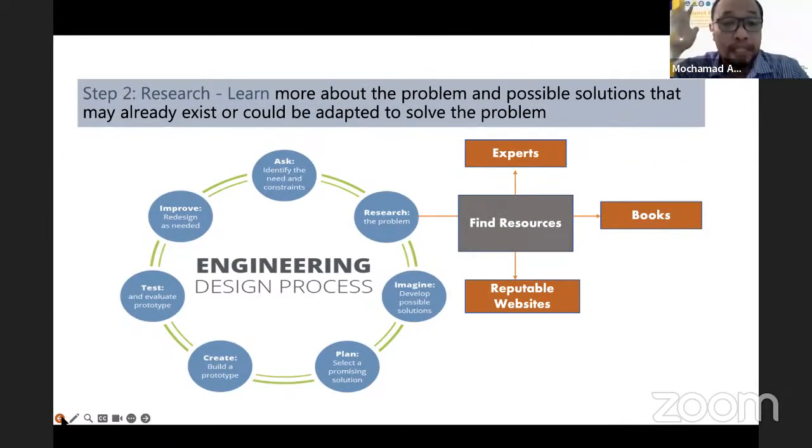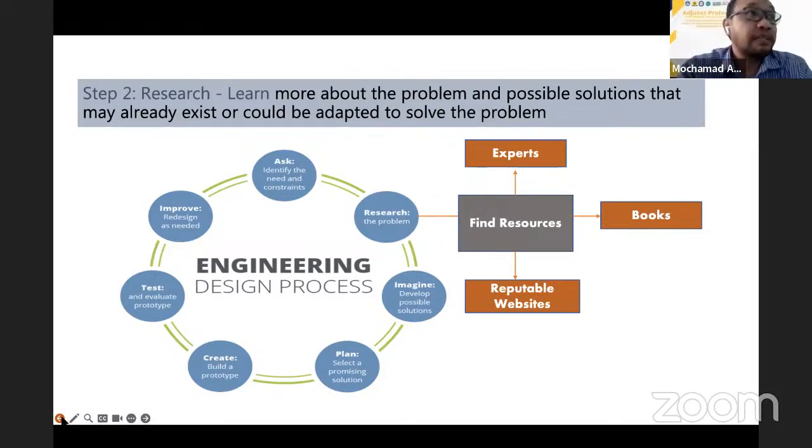Jadi tadi kalau tahap pertama define problem, kita sudah tahu yang jelas permasalahannya. Kemudian langkah kedua kita lakukan riset. Riset ini kalau diartikan penelitian. Cuman dalam konteks ini kita belajar tentang roda gigi itu sendiri.